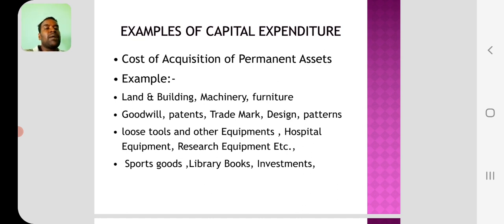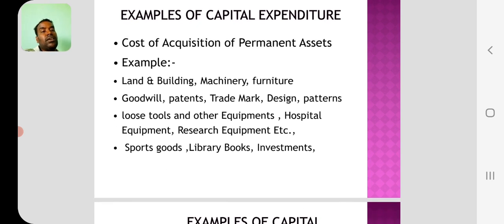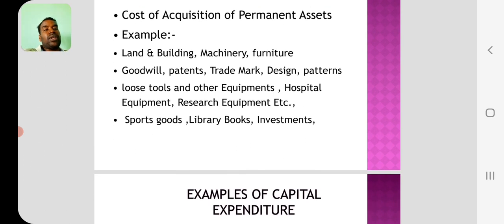For example, permanent or fixed assets are land and building. Land may exist for more than years, and building also. Machinery also works for more than 10 years. The furniture also works for more than 10 years.